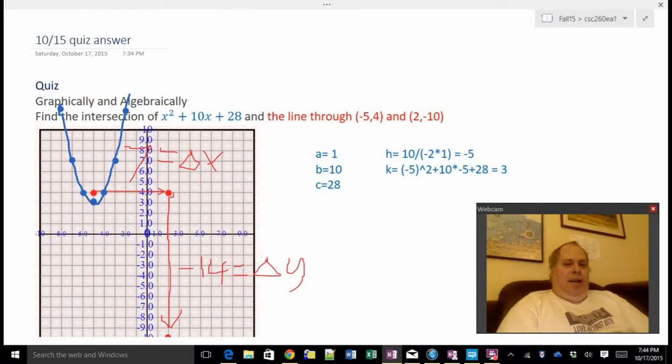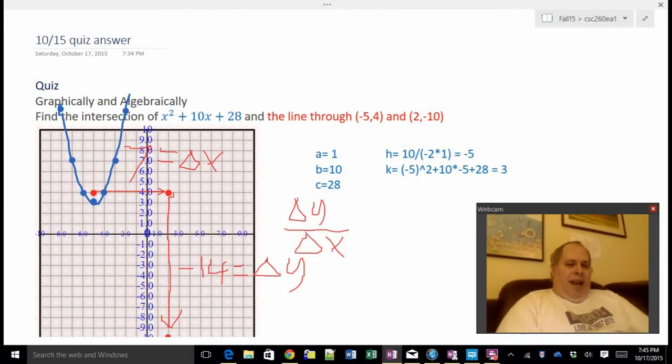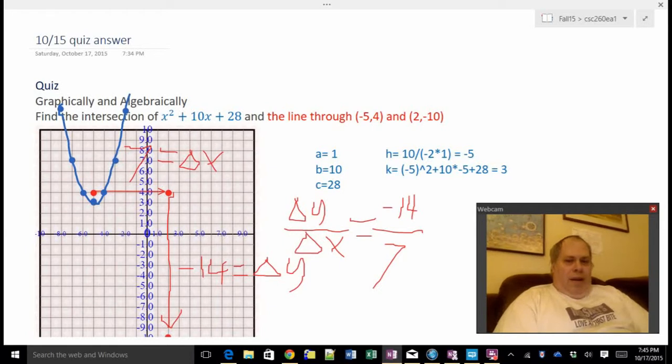And that's going to give me delta y over delta x equals negative 14 over 7, and that's going to equal negative 2.